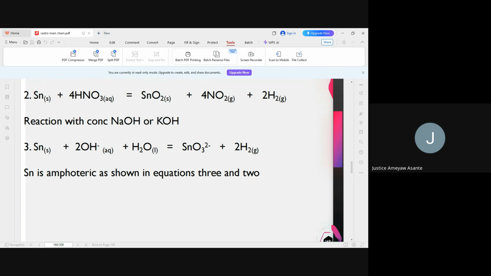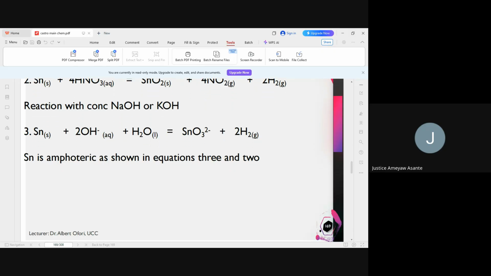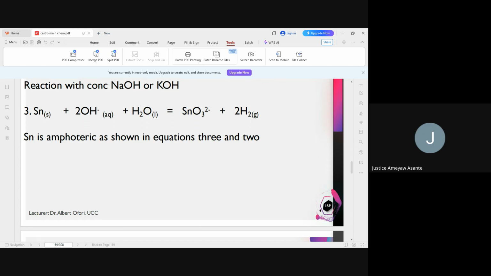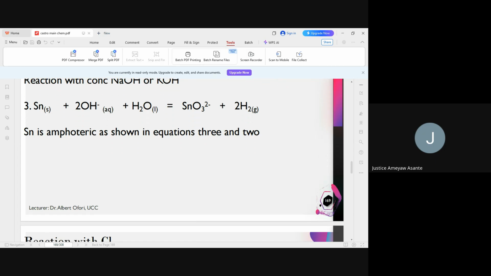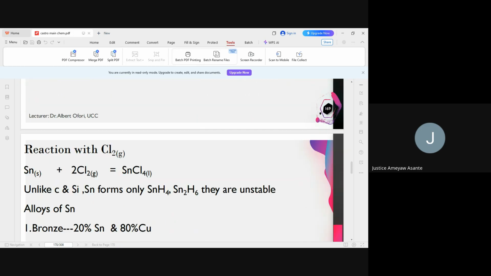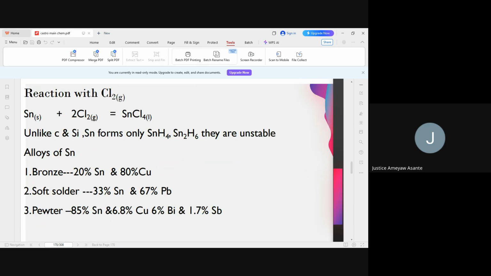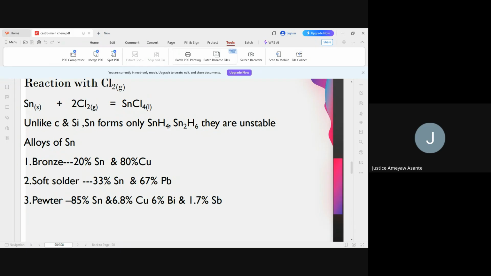It can also react with sodium hydroxide and potassium hydroxide. So it's also been described as amphoteric. Tin is amphoteric, shown in the equation here. Reaction with chlorine: a reaction with chlorine gas gives you tin chloride.